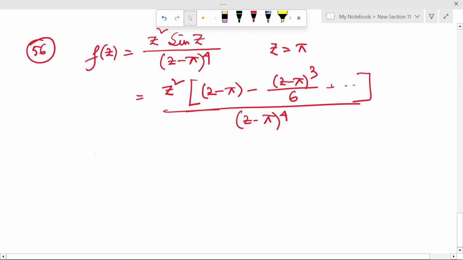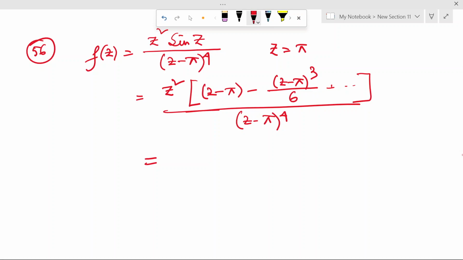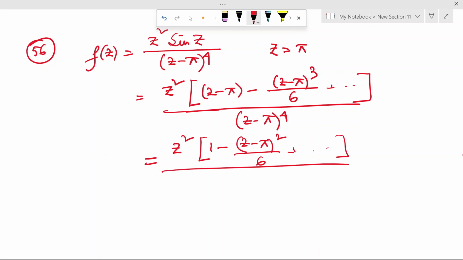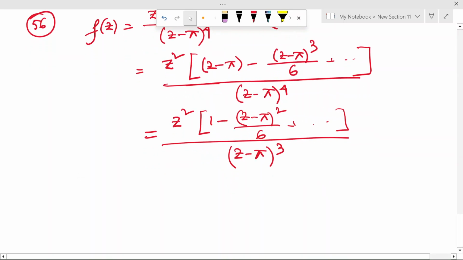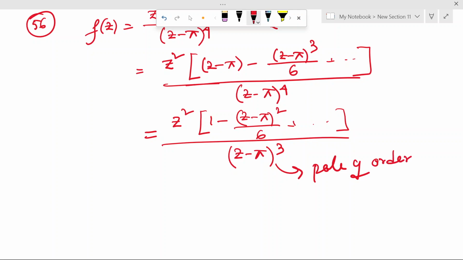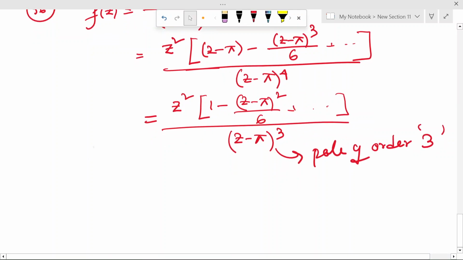So you clearly see that your (z minus pi) cancels out, leaving 1 minus (z minus pi) whole square by 6 plus something something, divided by (z minus pi) whole cube, right? So this is a pole of order 3.